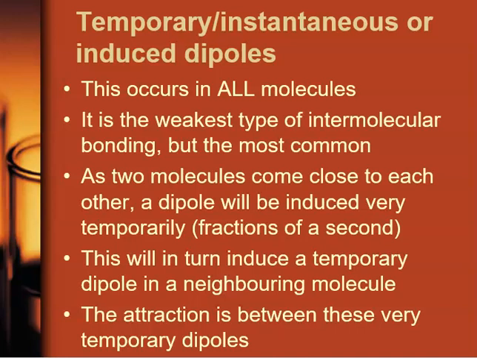As one molecule comes close to the next molecule, the electrons will sometimes form slight regions of positive or negative charge as they're moving around, so they're not always totally evenly distributed. That can then induce a dipole on the neighbouring molecule, which is very temporary, doesn't last for very long, but we've got these temporarily induced dipoles, which then attract each other. So this is very short term, but it happens a lot.